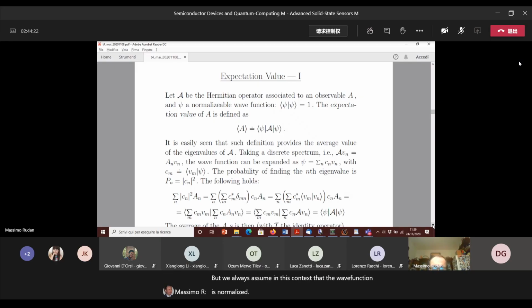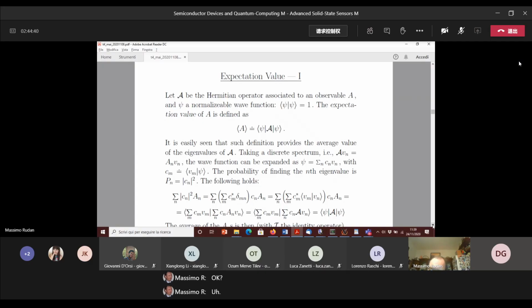Now we can easily prove that the expectation value is equal to the average of the eigenvalues of the operator.